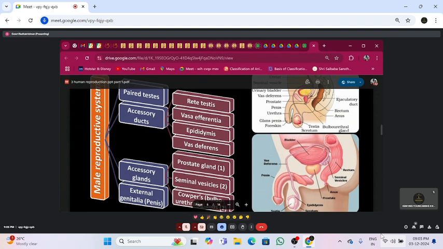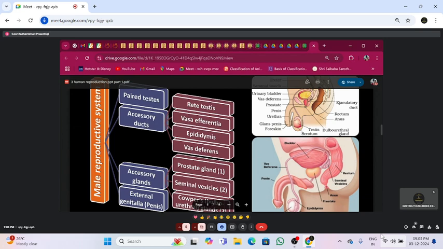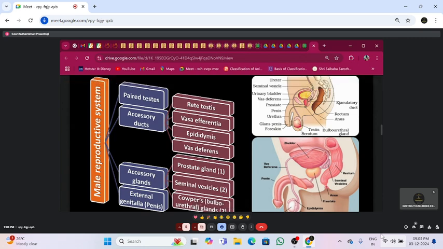The accessory glands are the prostate gland, one; seminal vesicles, two; and Cowper's bulbourethral glands, again two. And what are in the accessory ducts? Rete testis, vasa efferentia, epididymis, and vas deferens.